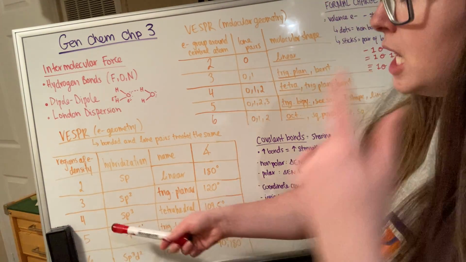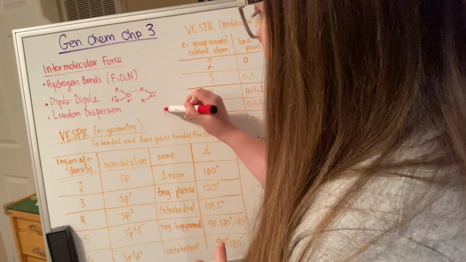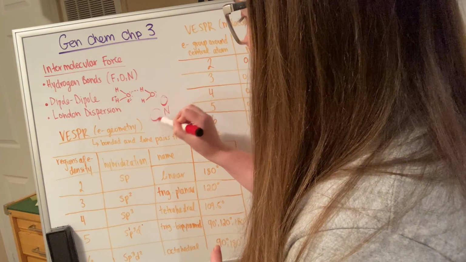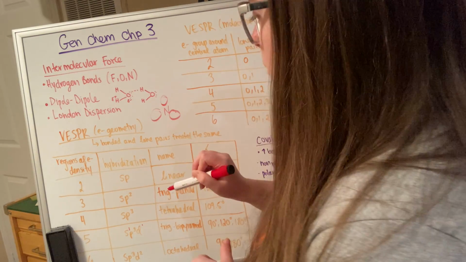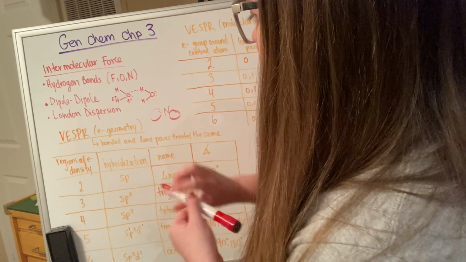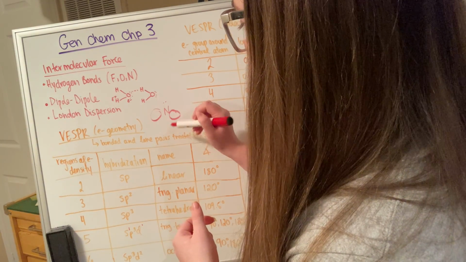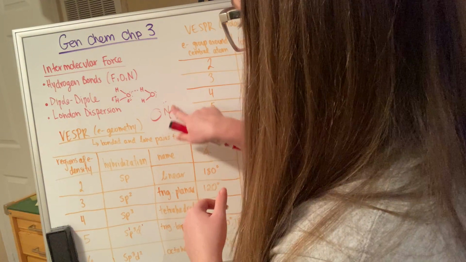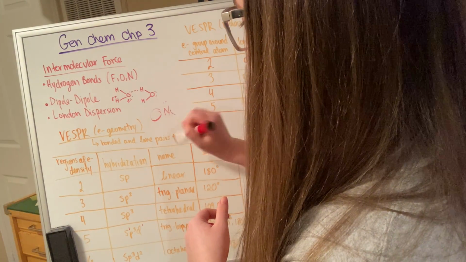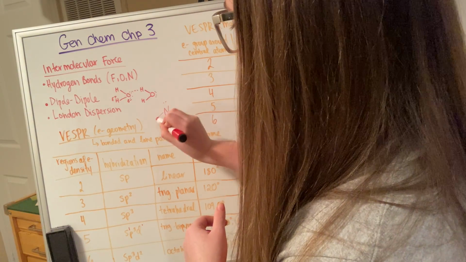If we have three regions of electron density, so 1, 2, 3 regions, right? Let's say this is actually lone pairs, and this is connected to something. This is a bond and this is a bond.